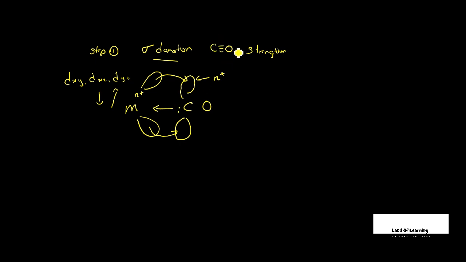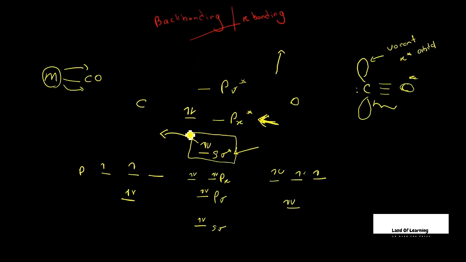Then this carbon monoxide bond here will get strengthened, not weakened. Why? In the sigma donation, in the first step, this anti-bonding character will be reduced. This electron will be donated towards the metal center. No pi bonding will happen. No population will happen over here.